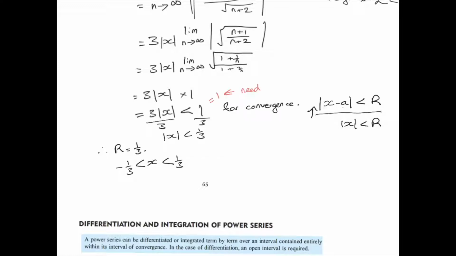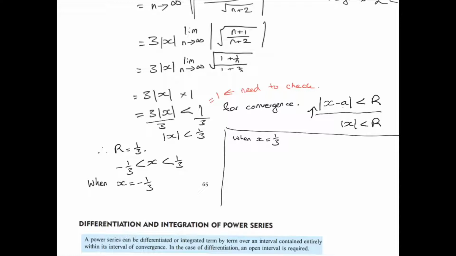I need to check that because the ratio test doesn't tell me enough about that. Is everything okay? So what are the two things I need to check? When x equals negative 1/3, and I might put it in here, when x equals 1/3.